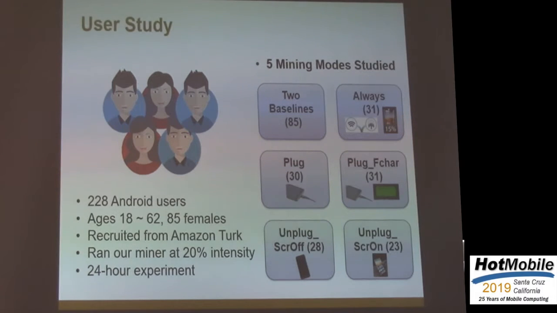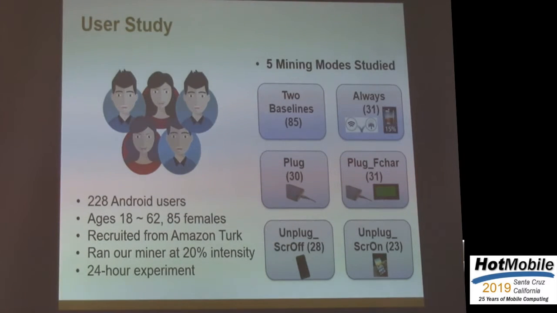So let me explain a little bit about our mining modes. Our default mining mode is the always mode. It runs the miner all the time unless the device is not connected to the network or the battery level goes below 15%. The next 2 modes are plugged and plugged fully charged. Both modes run the miner only when the device is connected to power.